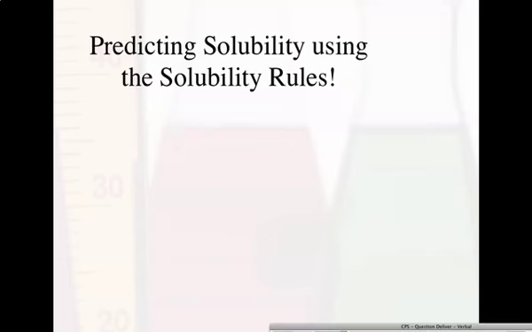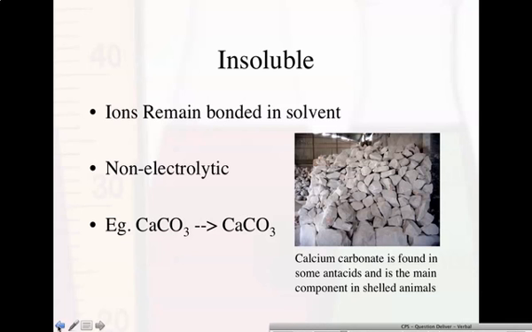Calcium carbonate is what's found in a lot of antacids because it reacts with acid, forms carbon dioxide, helps you burp if you take that type of antacid, which can be a good thing if you have an upset stomach. And it's the main component in shelled animals, which is why it makes a lot of sense that we would want something that's insoluble on shelled animals. They need that as protection, so it's good that it doesn't dissolve.